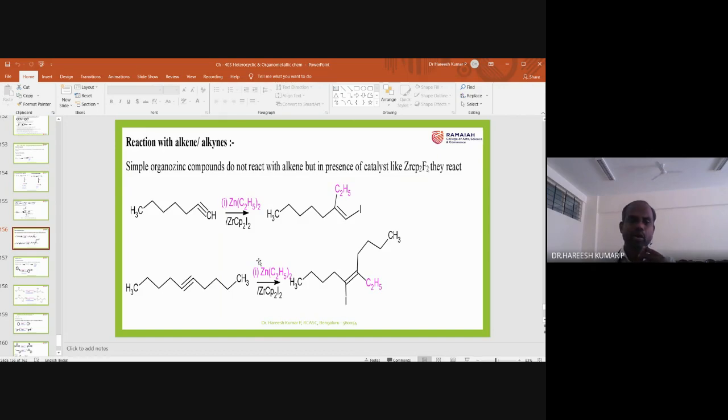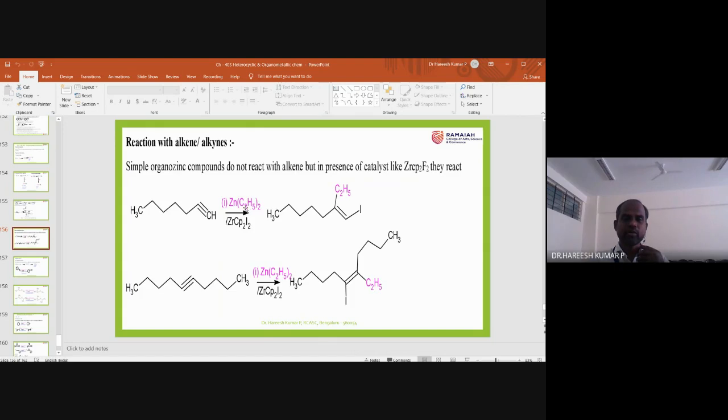Then what is the product formed? Here, I think you are aware of selectivity. Regioselective: if there is a possibility of forming two products but you get only one product, such a process is called regioselectivity. Here zinc acts as a source of the ethyl group.